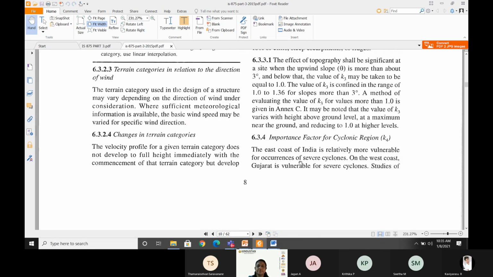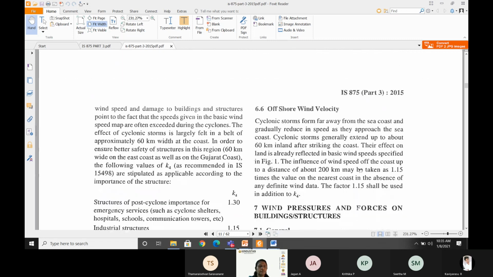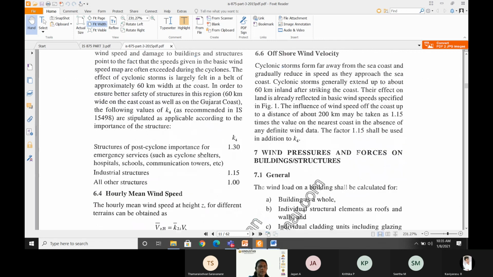Now K4 is the importance factor for cyclonic region. The east coast of India is relatively more vulnerable to occurrences of severe cyclones. We know that every year we experience a cyclone. On the west coast, Gujarat is vulnerable to severe cyclones. Studies of wind speed are given here, you can read all this information. The value of K4 is given here.